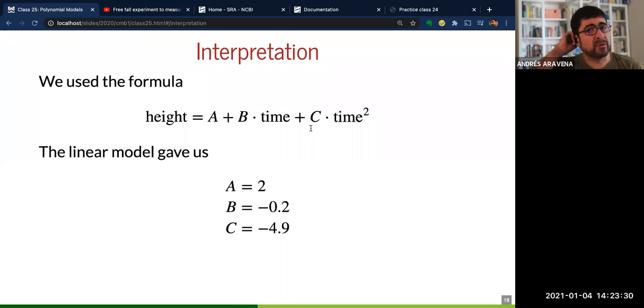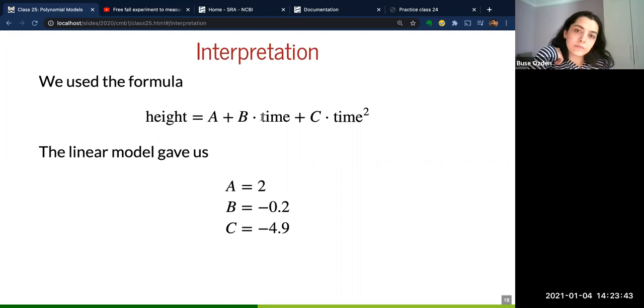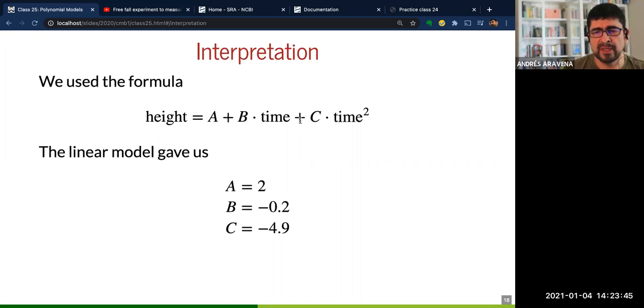If you remember the formula of the position depending on time, it is initial position plus speed multiplied by time plus 1/2 acceleration times time square.